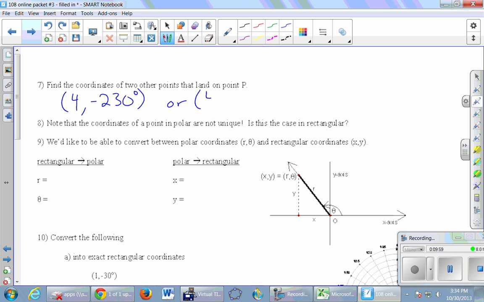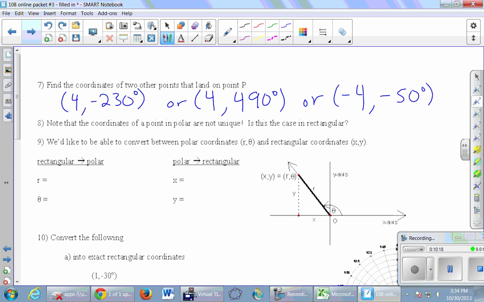Or we said 4 and then zipping around one complete revolution and then some sends us there. Or, and then we decided to really go for it and give a third answer, negative 4, and then 50 degrees clockwise.